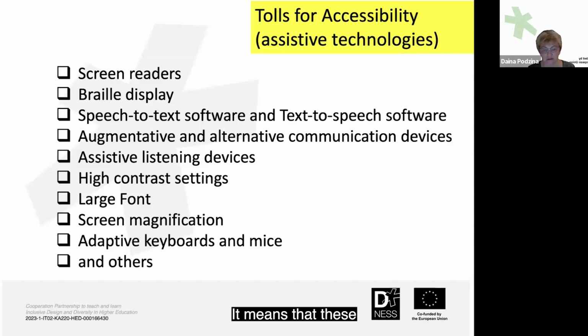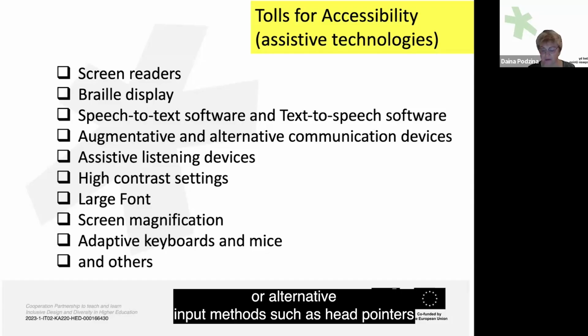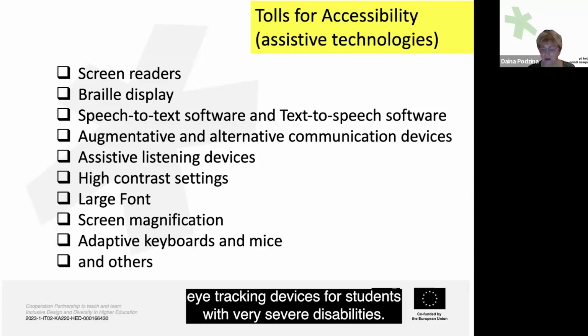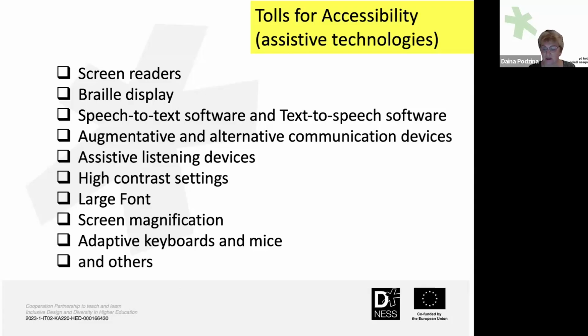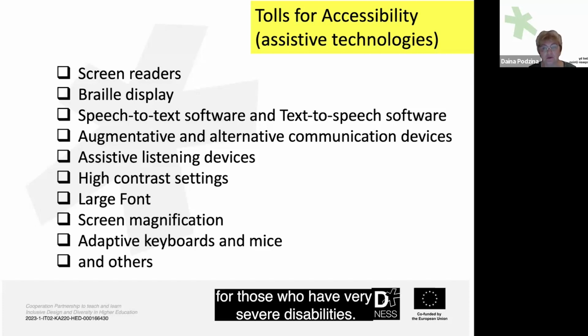It means that these adaptive keyboards and mice include larger keys or ergonomic designs, or alternative input methods such as head pointers or eye tracking devices if students have a very severe disability. And of course, there are others like special joysticks and mouse alternatives, or trackballs, eye tracking devices, and also some brain-computer interfaces for those who have very severe disabilities.